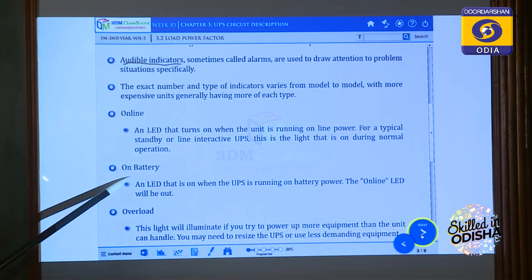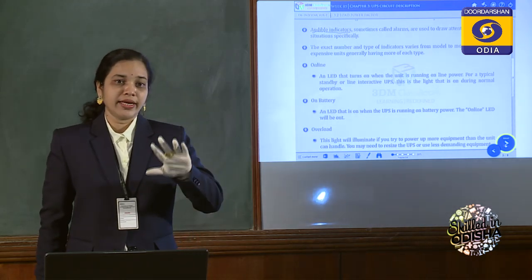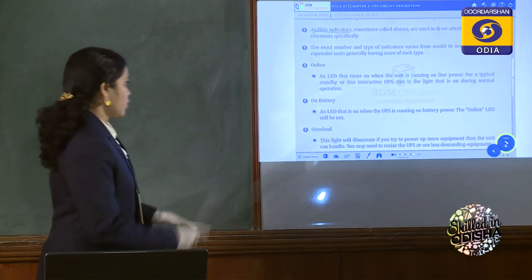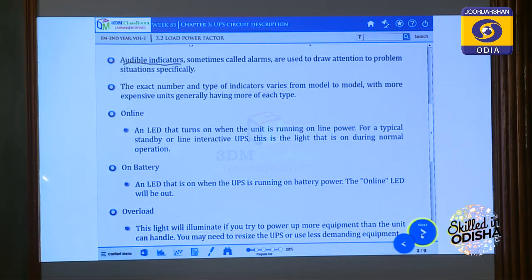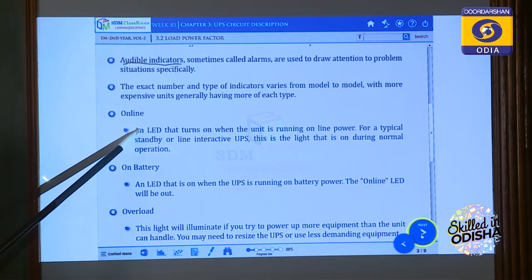Online battery mode. The front panel of the UPS has some indicator lights and some buzzer sounds also. When the LED against online glows, we come to know that our UPS is now in online mode, or the UPS is running from the online power supply.